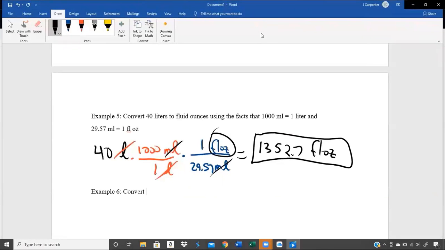Let's go with town speed, 35 miles per hour to feet per second. The fact that 1 foot is equivalent to 12 inches. We're going to convert 35 miles per hour to feet per second.